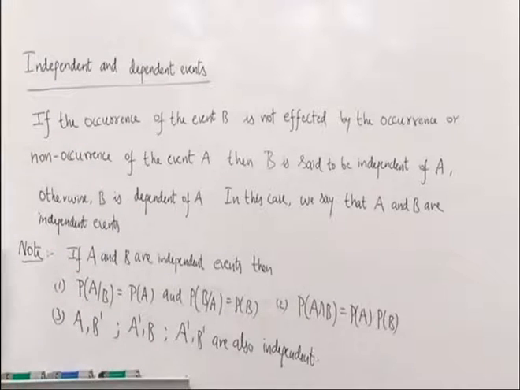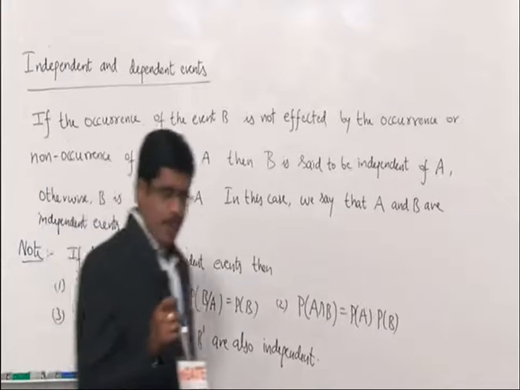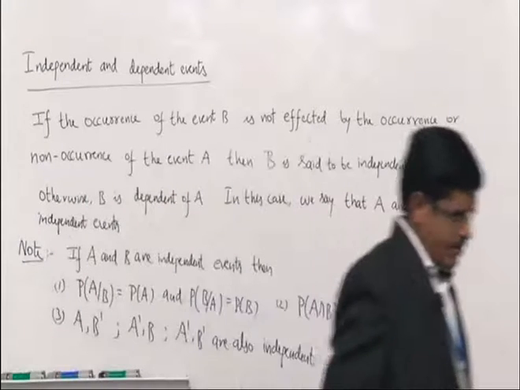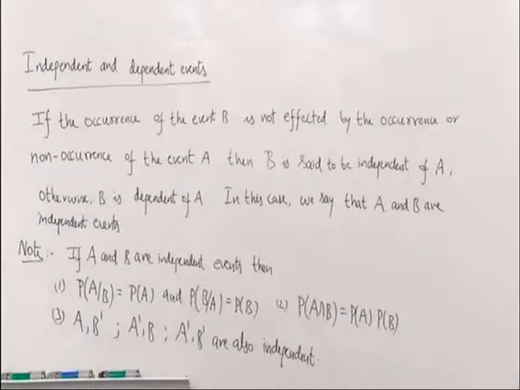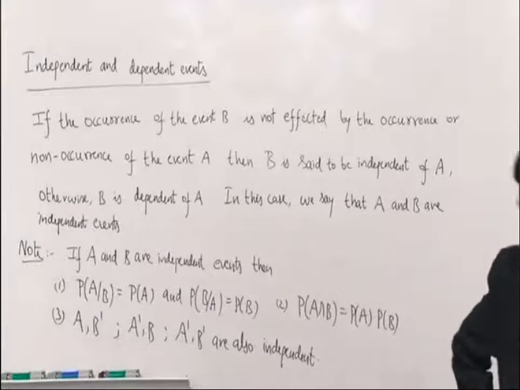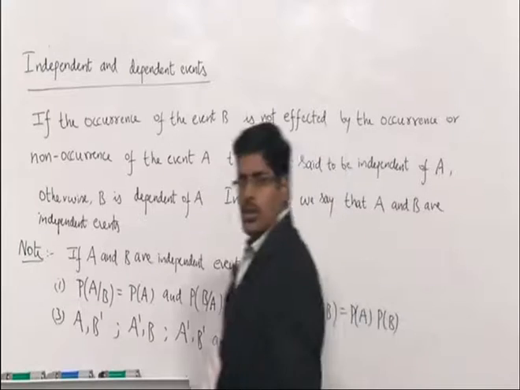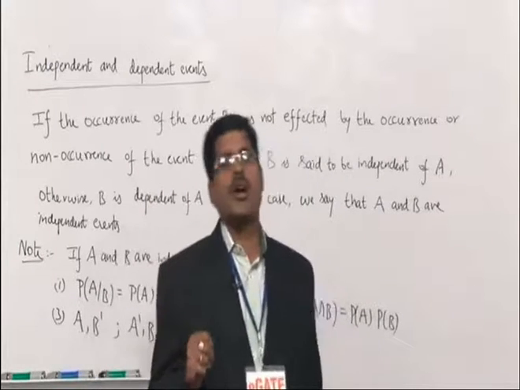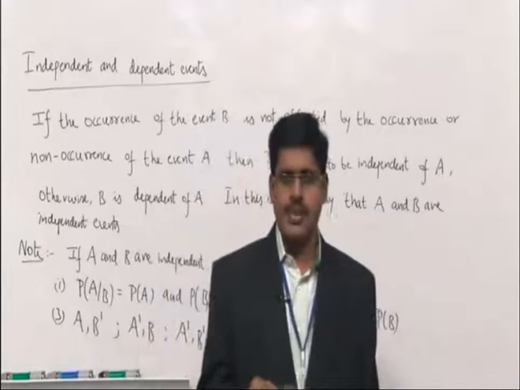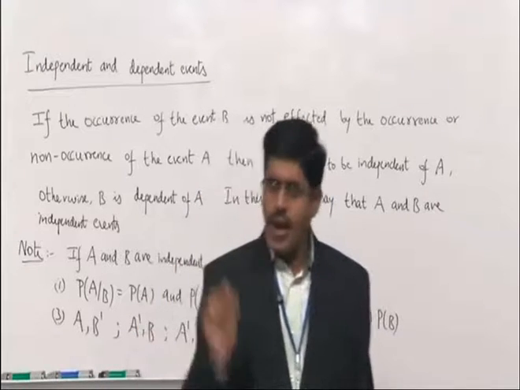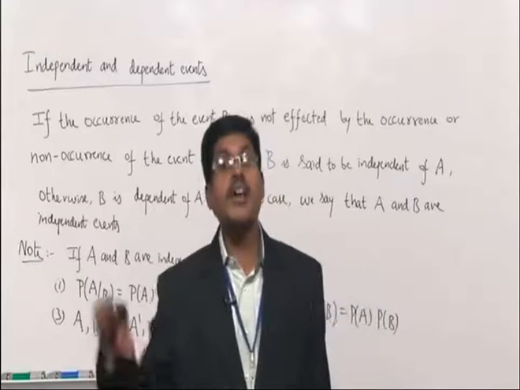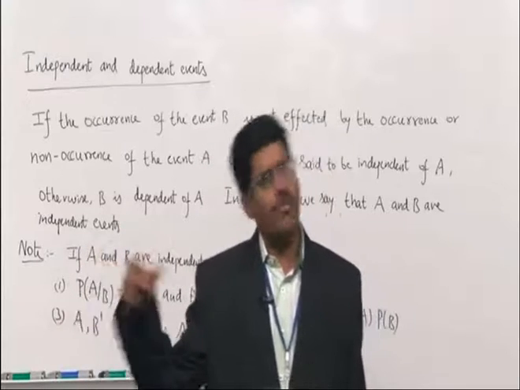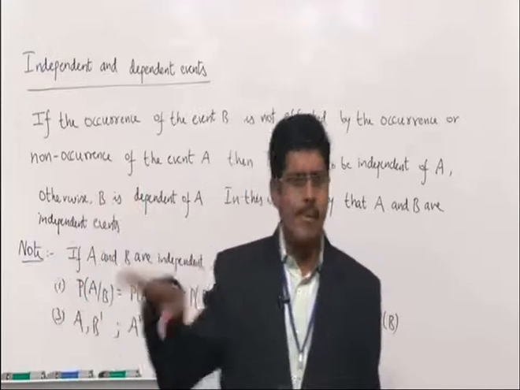Okay? So once again I am telling, if a king card is drawn from a pack of 52 cards and not replaced, the result of this drawing does affect the drawing of the second card, whatever it may be, in the remaining cards.